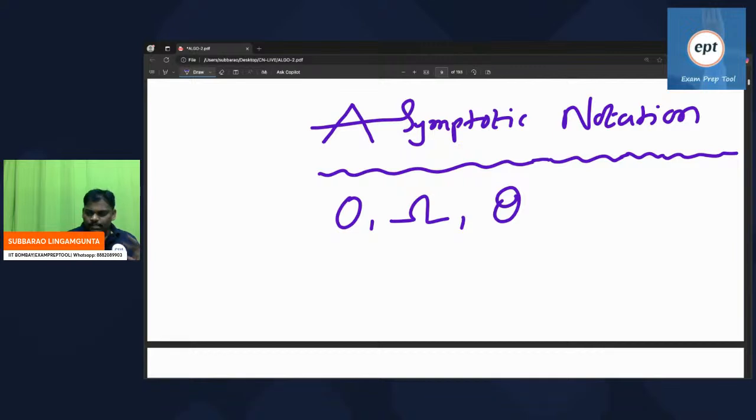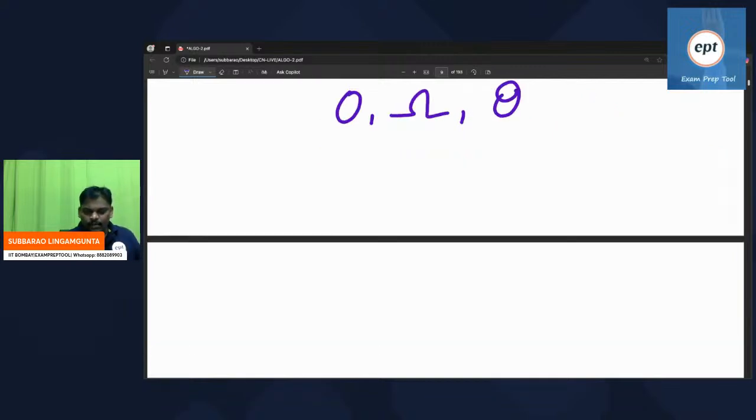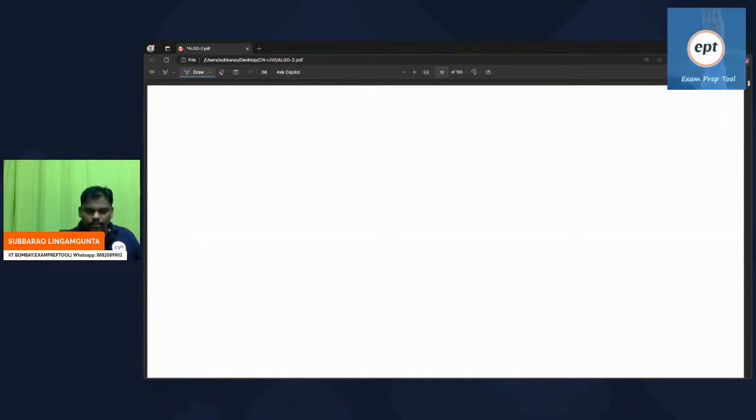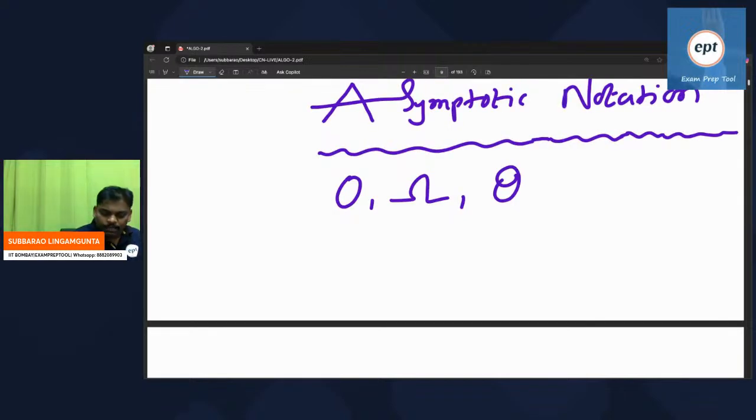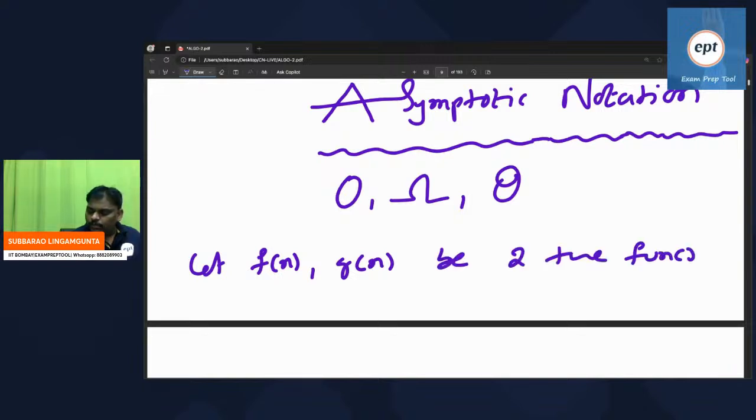Let's write the big O notation. But before going to all these three, let me write one small line. Let f of n, g of n be two positive functions.